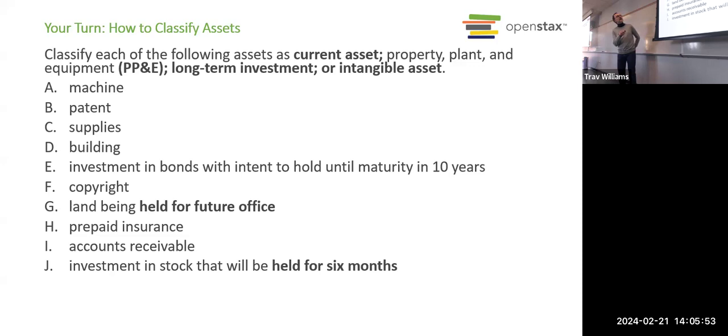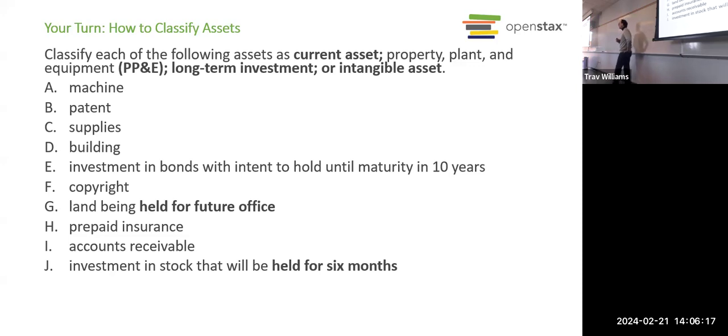Machine, how would we classify that? PPE, correct, it's equipment. What about a patent? Intangible. Supplies. Current, yes, supplies would typically get used up within a year. What about a building?